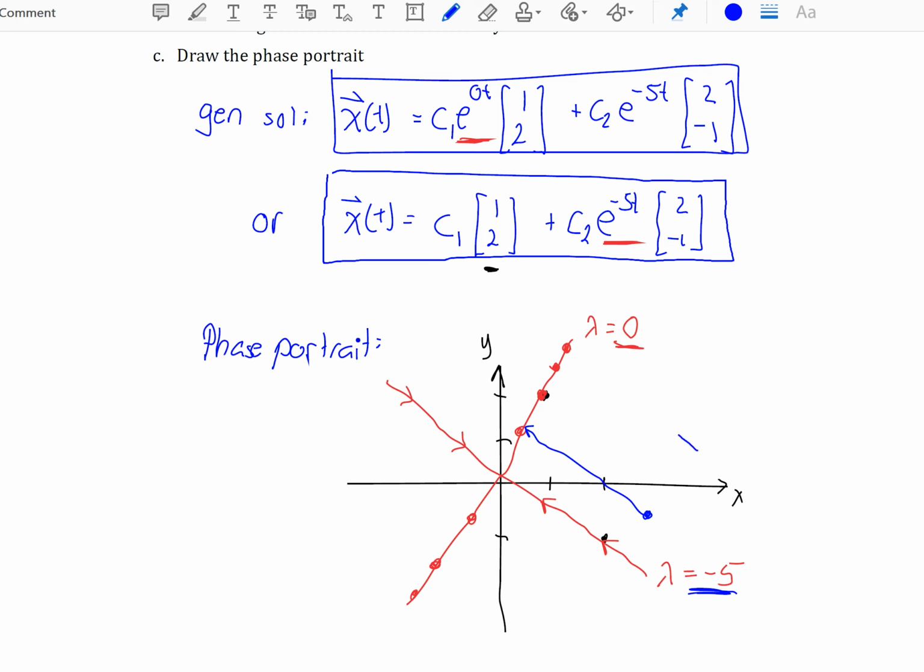And actually, any solution would move parallel to that line until it crashes into the other eigenvector. So our phase portrait here looks like a series of straight lines that move parallel to the eigenvector with the eigenvalue -5. And then when they hit the other line where there is no movement, they just stop.